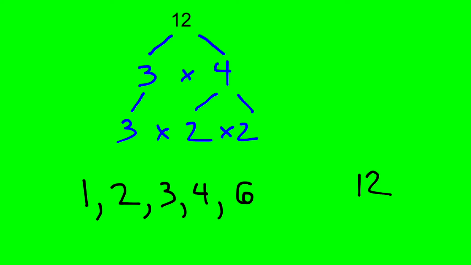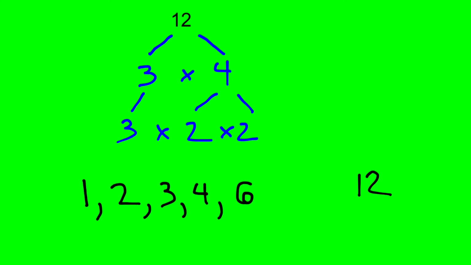The last one would be to do the group of 3: 3 times 2 is 6, times 2 is 12. So all the factors of 12 are 1 times 12, 2 times 6, 3 times 4. We were able to create all those numbers from the prime numbers here. That's how we can use factor trees to help us obtain all the factors of a number.